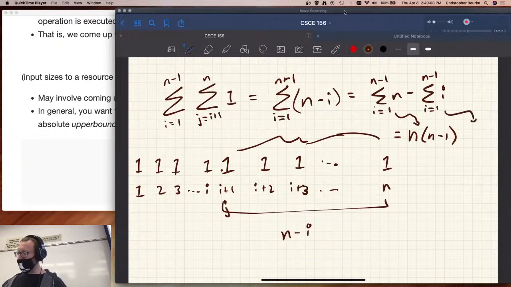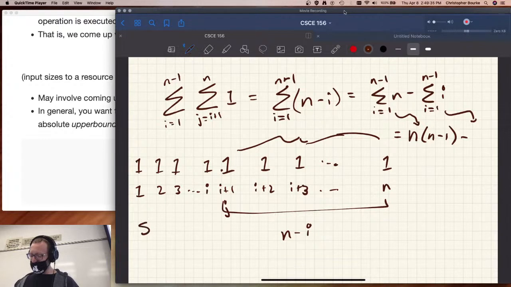Now, what about this one? 1 plus 2 plus 3 plus 4, because i is iterating from 1, 2, 3, 4, all the way up to n minus 1. So 1 plus 2 plus 3 plus 4, that sounds familiar. That's smart guy. In the first section today, we called him that, right?